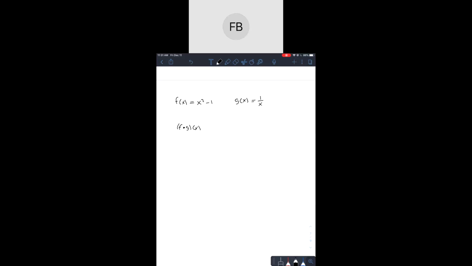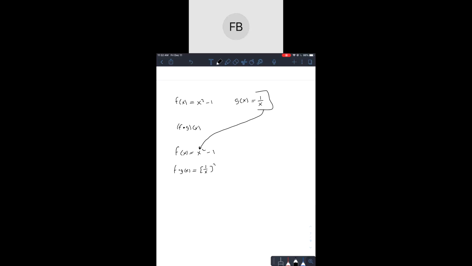So basically what you have to do is take the f function, and for every x value, you have to plug in the g function. So what I mean by this is, here's our f function. F of x equals x squared minus 1. Now, our f of g of x function is going to be that value of x that we had before. Just plug in the g, right? Take this and plug it in for the x value.